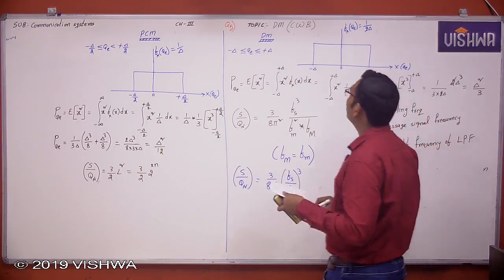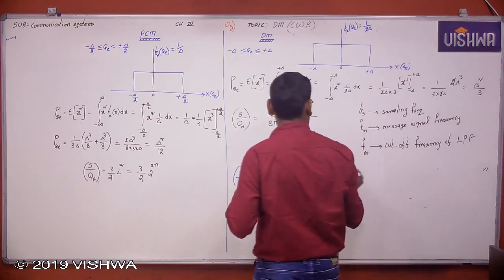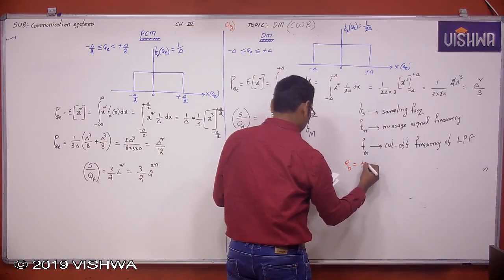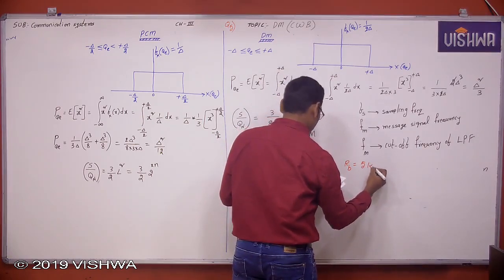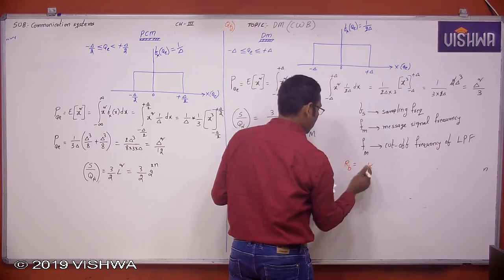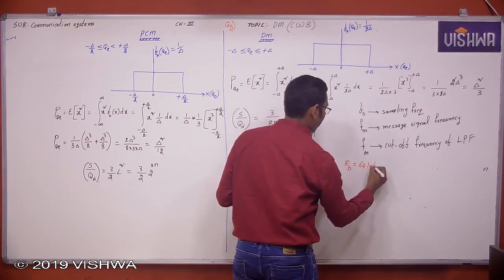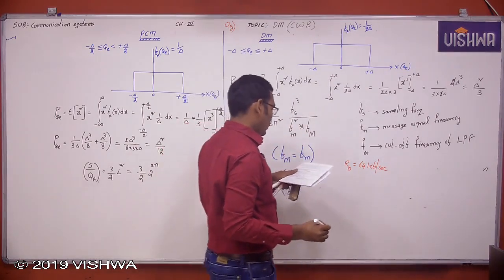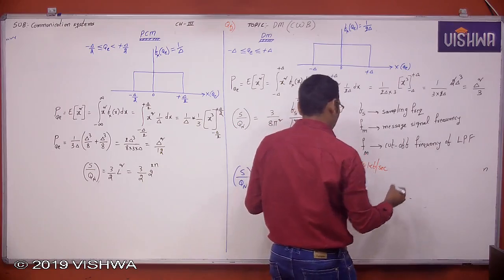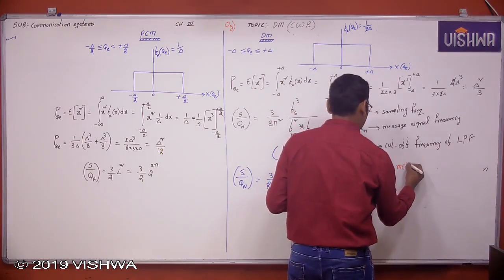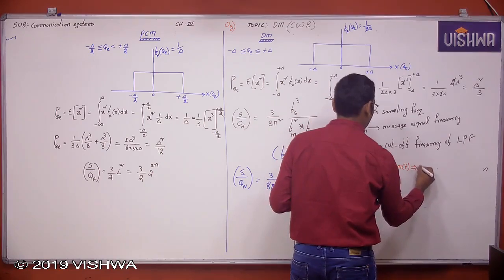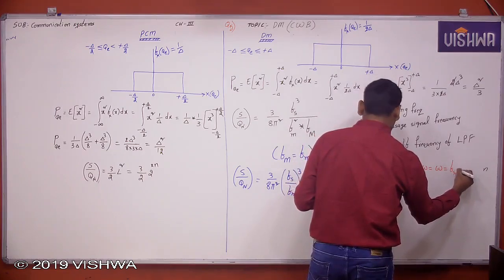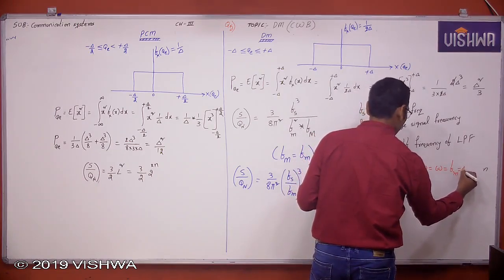The bit rate in a delta modulation is 64 kilobits per second. And the input signal bandwidth, the message signal m of t bandwidth, which is nothing but Fm, is given as 4 kilohertz.